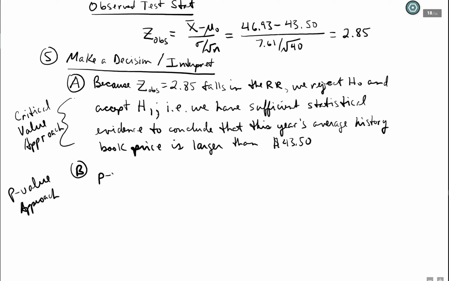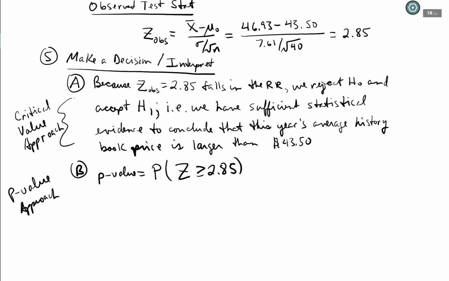The p-value, recall, the definition of it is the probability of seeing another statistic, in this case another z-value, as extreme or more extreme than what we saw. What did we see? We saw 2.85. So as extreme or more extreme would be greater than or equal to 2.85.